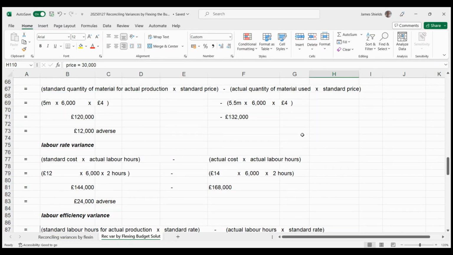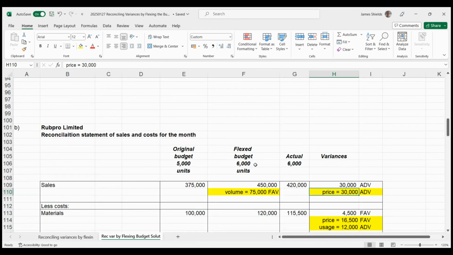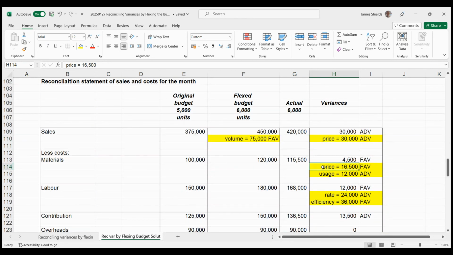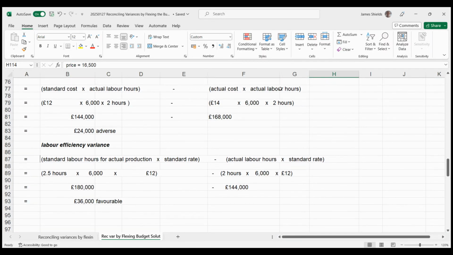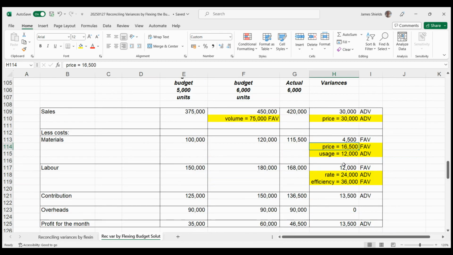Now for materials, the price variance is 16,500 favourable, and the material usage variance was 12,000 adverse.